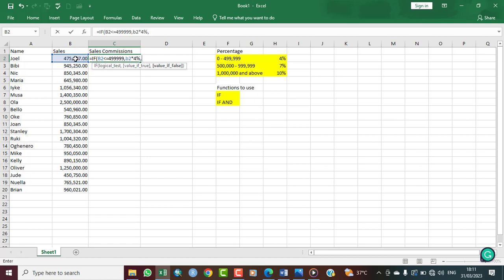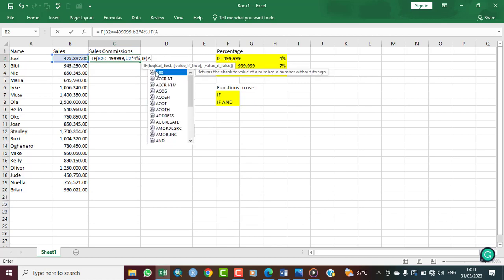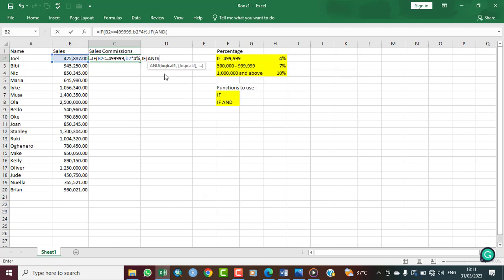The next is between 500,000 and 999,999. This is where the nested IF function will come in, because we have two thresholds. We have the lower threshold, which is the 500,000, and then the higher threshold, which is the 999,999. So we use the IF AND, and this is the nested function.